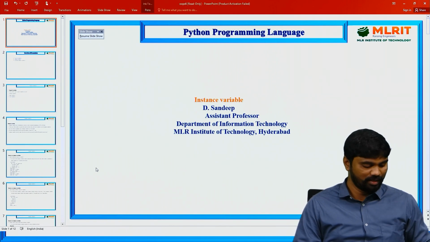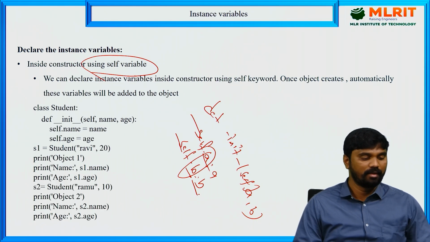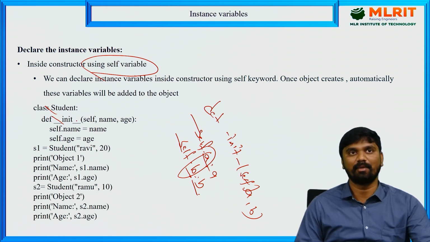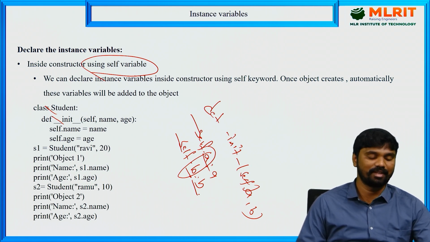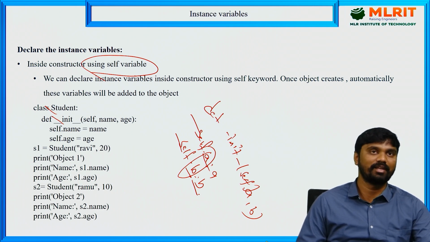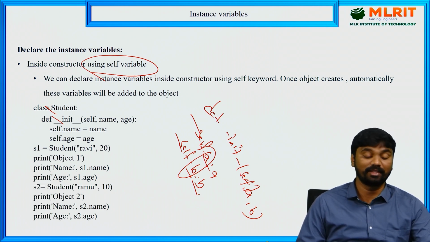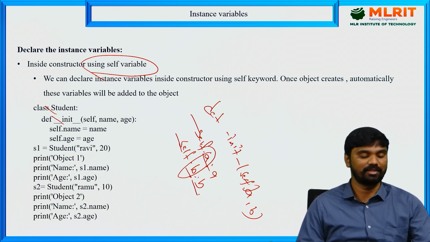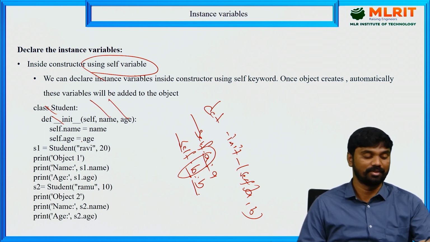For example, here there is a class, the Student class, and one constructor is created, and this constructor is a parameterized constructor. How can we say that? Because this parameterized constructor has more than one parameter other than self, it has two more parameters, name and age.